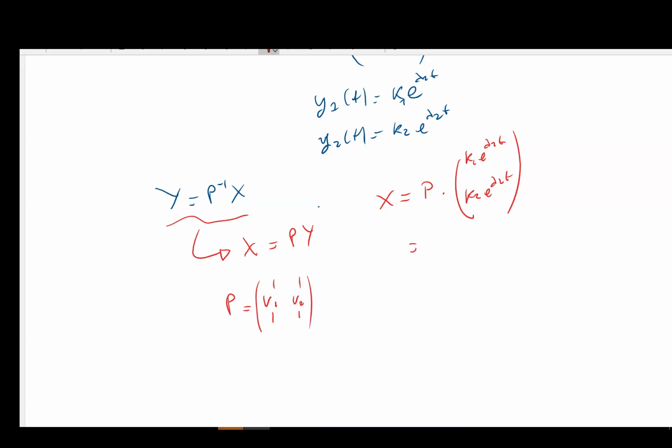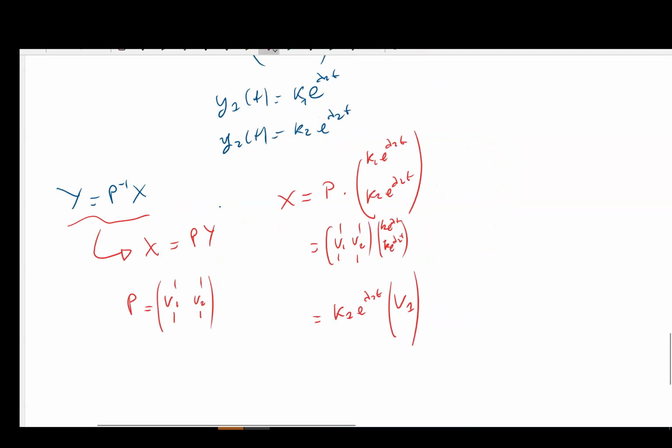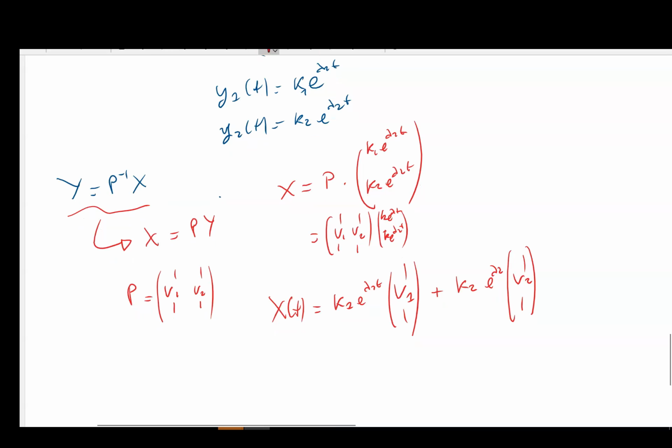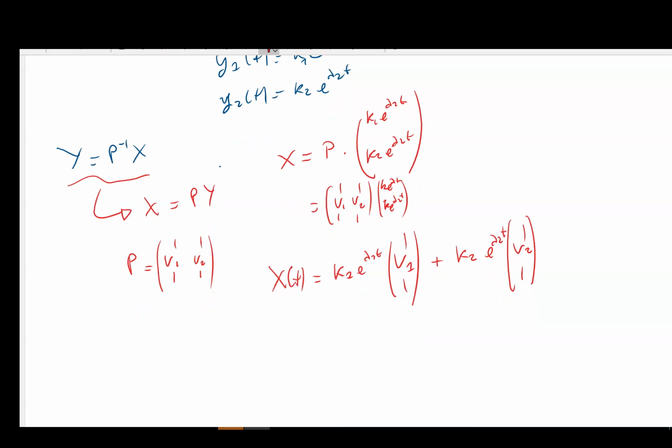So if I rewrite this as V1 column, V2 column times this vector, K1 e to the lambda 1 t, K2 e to the lambda 2 t, I can also write this as K1 e to the lambda 1 t times my vector V1 plus K2 e to the lambda 2 t times my vector V2. Okay, so what do I get? I get that my solution is actually a linear combination of my two eigenvectors.